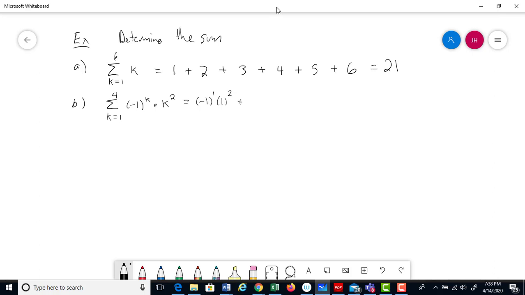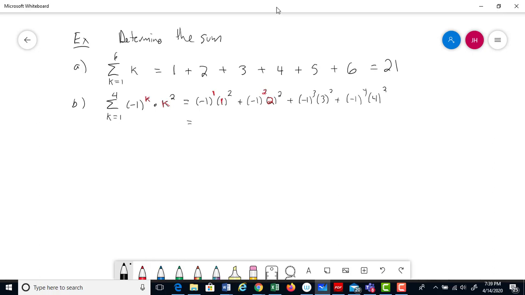Then I plug in 2 next, so minus 1 squared times 2 squared. Make sure we know that this is your k. First we plugged in k equals 1 into those locations, then k equals 2, and now k equals 3, so plus minus 1 cubed times 3 squared, and then finally minus 1 to the 4th times 4 squared.